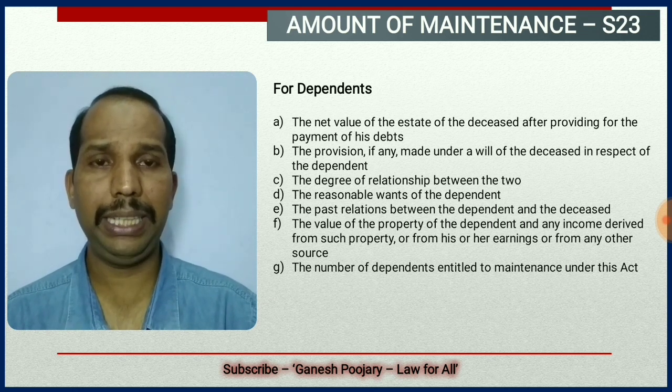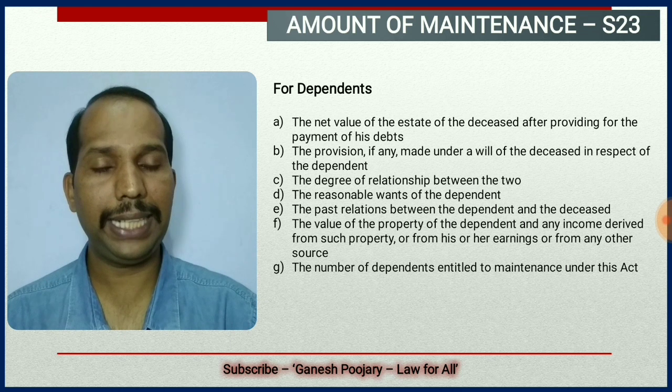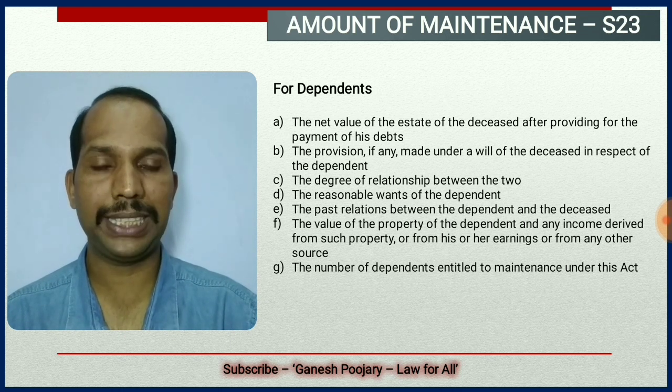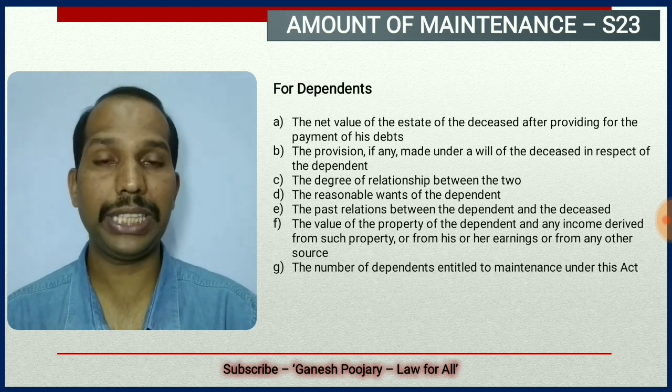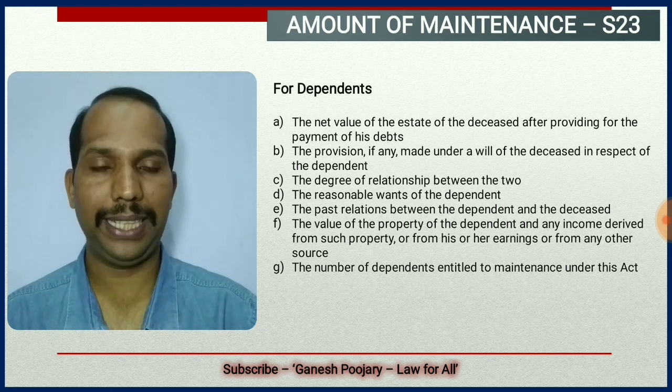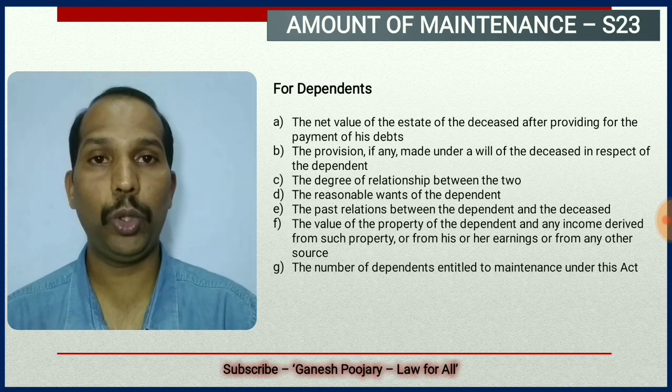Then it will check the basic requirement for the claimants, and it will also check the relationship between the two parties, and the past relationship also will be considered, and it will check whether the applicant has sufficient source to survive himself or herself, like the property available or the source of income available for the parties, and it will check how many such dependents are there. It will check all this aspect, and after that it will decide the amount of maintenance for each party. That's all about maintenance for dependents.